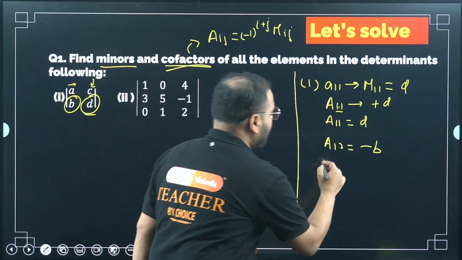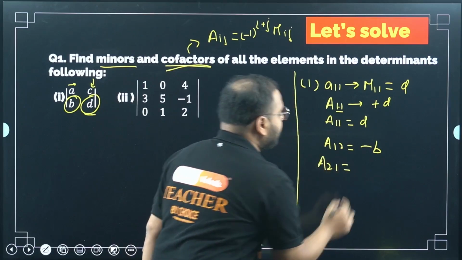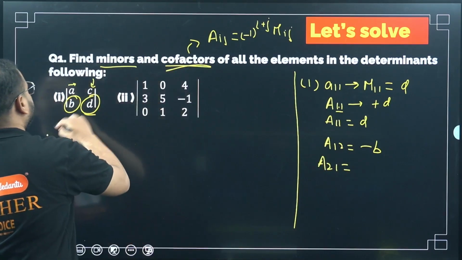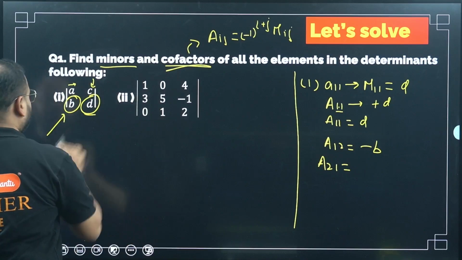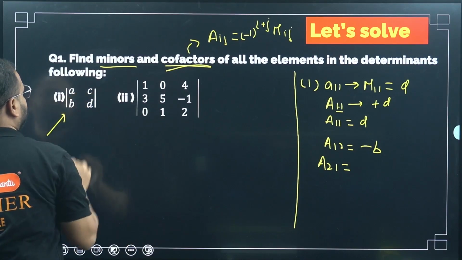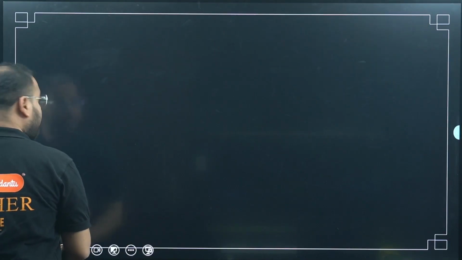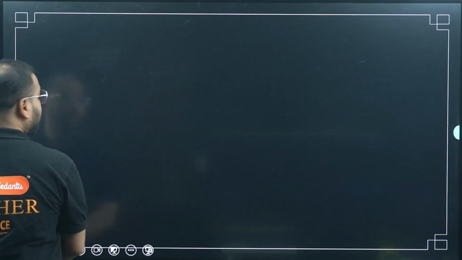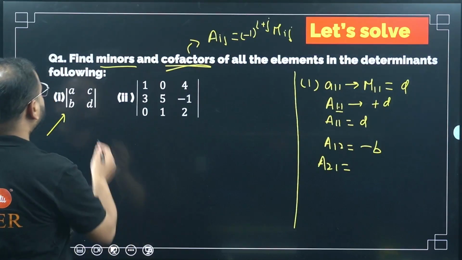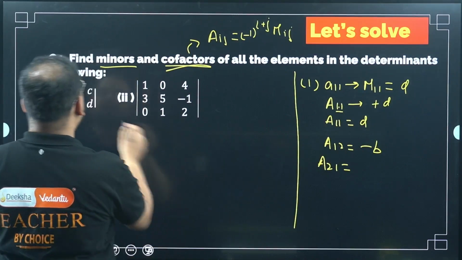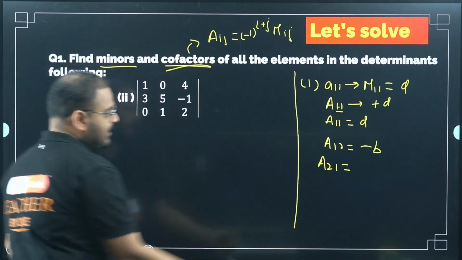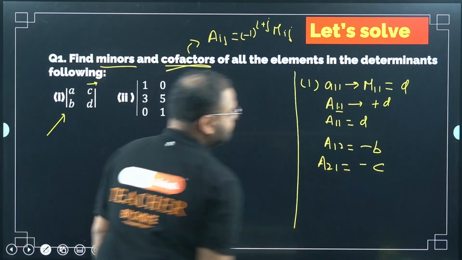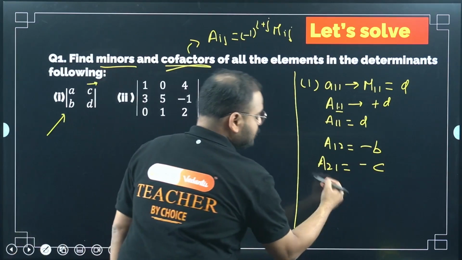What about A21? A21 is here. So a21 is C. Forgive me. For A21 I'll have C. Odd, so negative, since 2 plus 1 is odd.